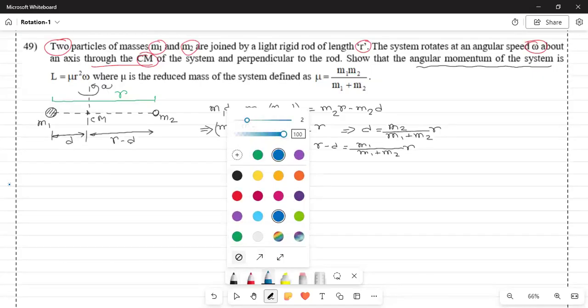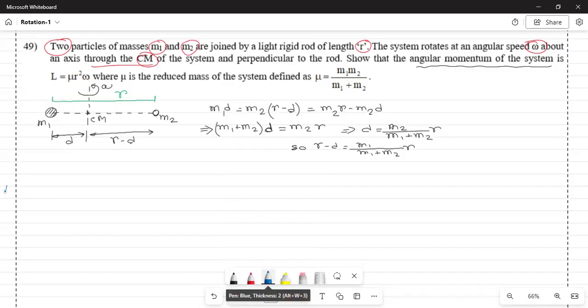Now coming to solve the problem of rotational dynamics, the moment of inertia I of mass M1 is M1 d square, and the angular momentum of M1 is equal to moment of inertia multiplied by omega. So this will be M1 d square omega.